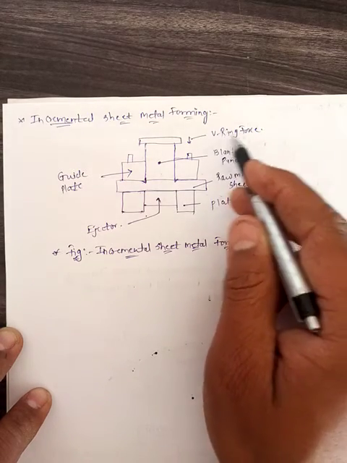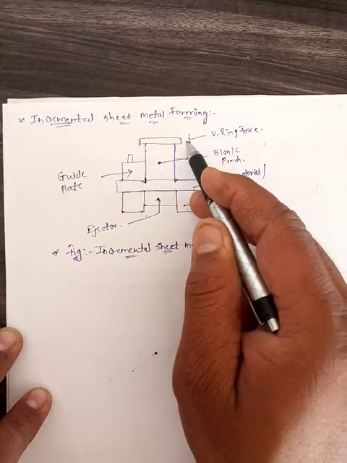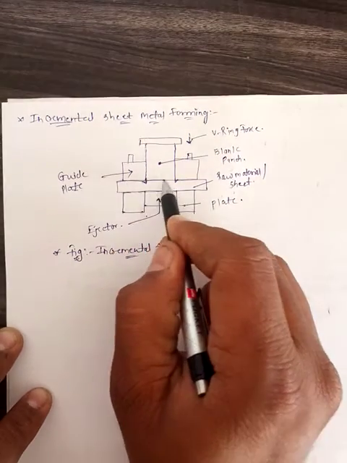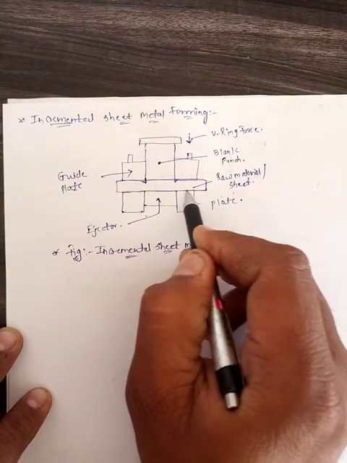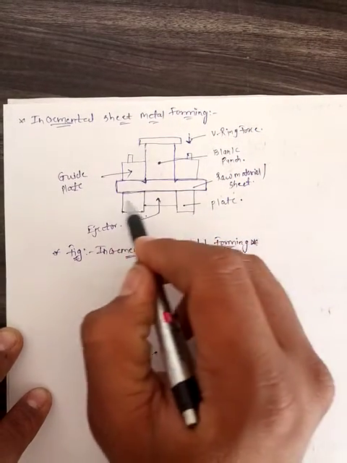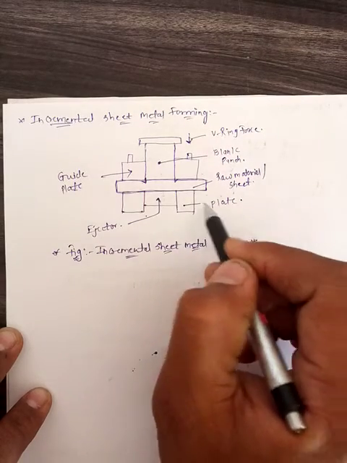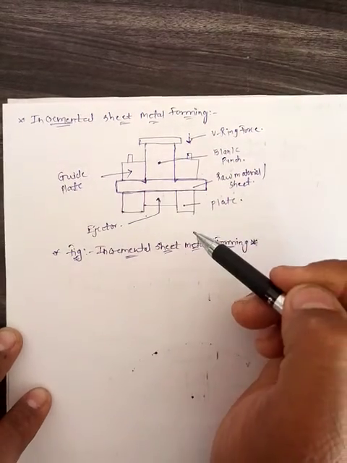When the wearing force comes from the upward direction to the downward direction, it comes to the face of the sheet, which can be called the raw material sheet, and plate and ejected sheet.